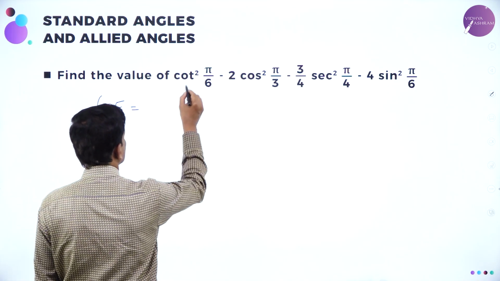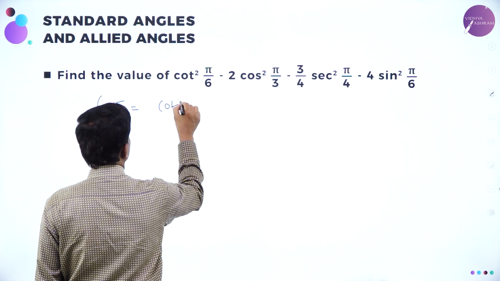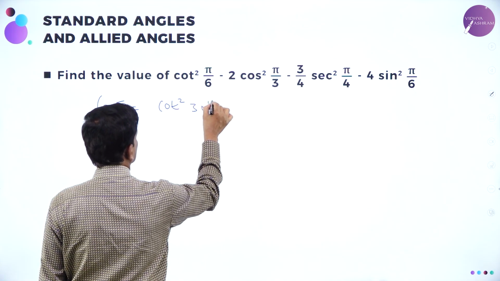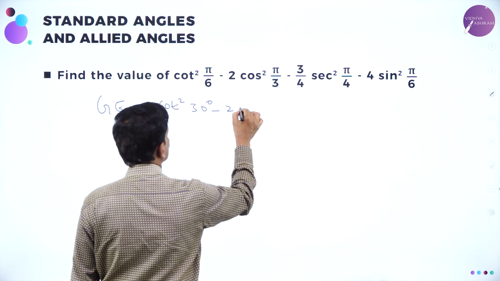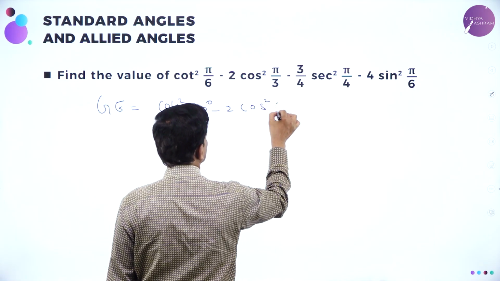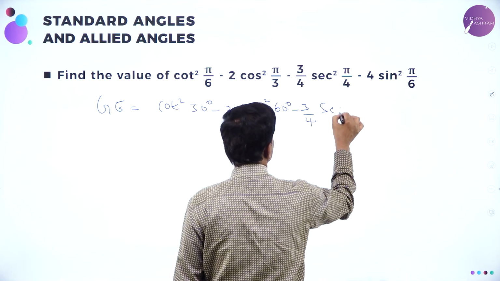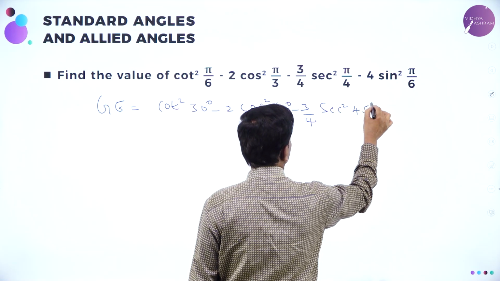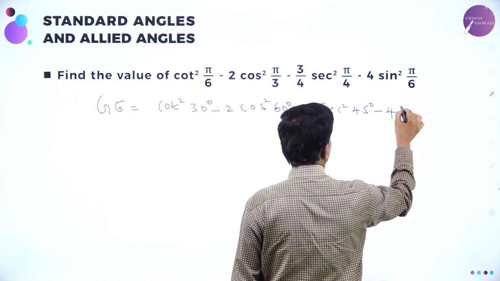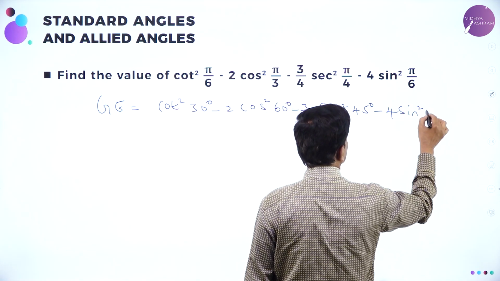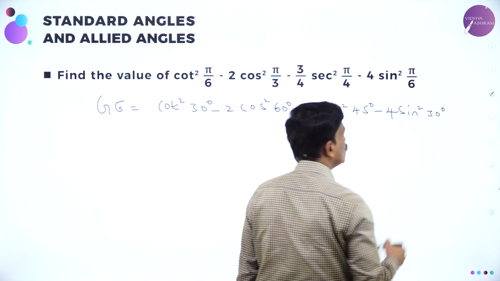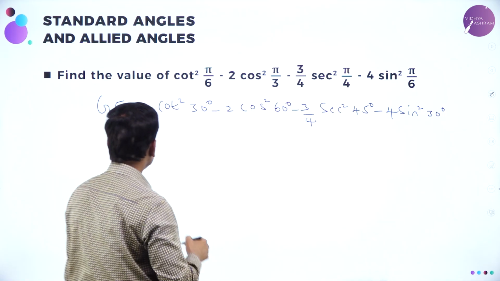That's it. So, cot square pi by 6. Pi by 6 is nothing but 30 degrees minus 2 into cos square pi by 3 is nothing but 60 degrees minus 3 by 4 secant square pi by 4 means 45 degrees minus 4 times sin square pi by 6. Pi by 6 is nothing but 30 degree. So, substitute the values.